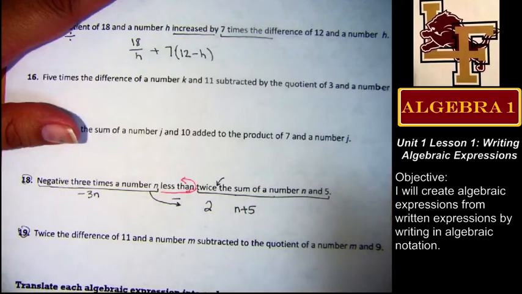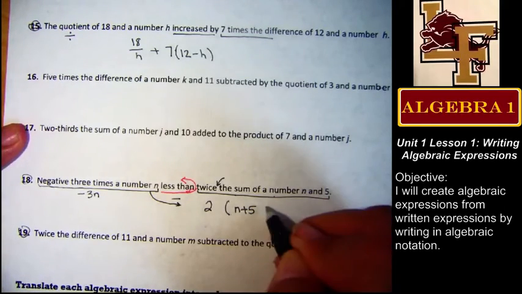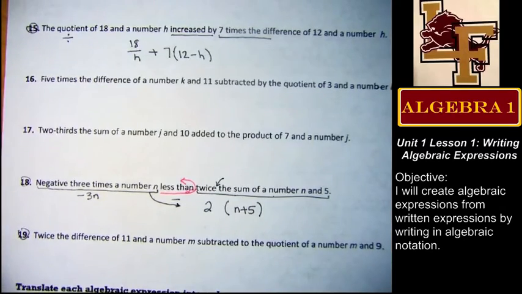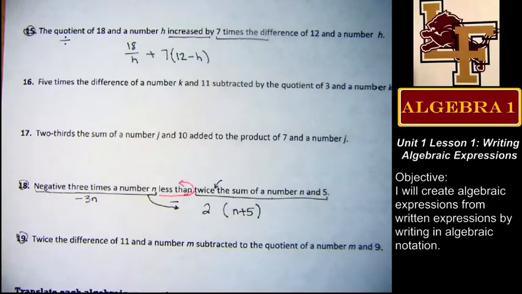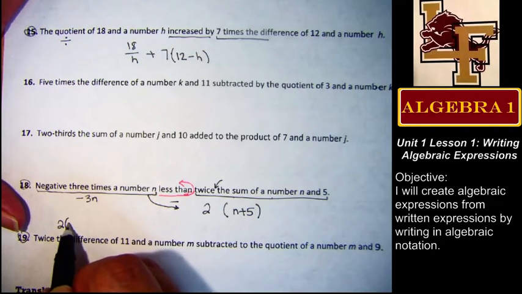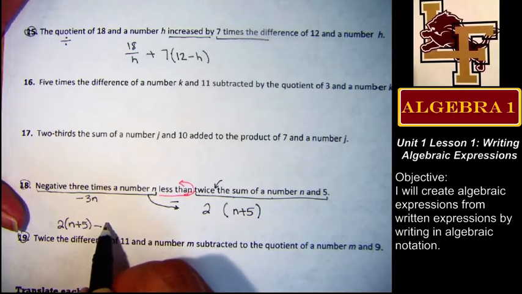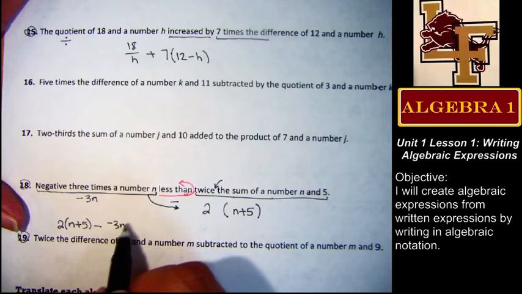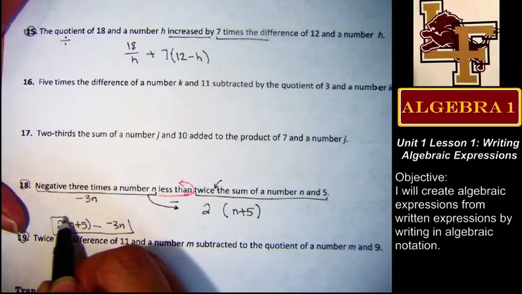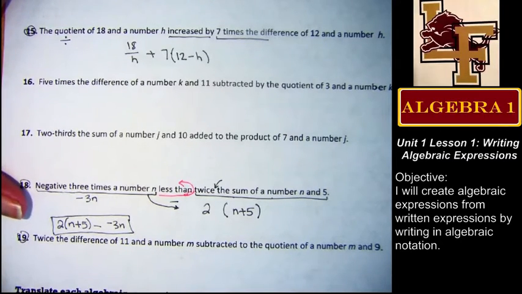Yeah, it's a multiply because of that word twice, and I don't have any other operation listed in there. Now we're going to put this in the right order. We've got to flip the order, remember? So 2 or twice n plus 5 minus negative 3n. I'm going to put a box around that so that we know that's my answer. Ask your questions on this.